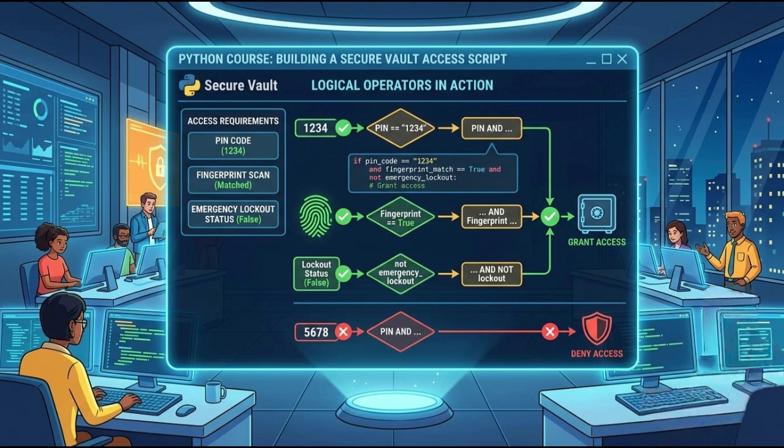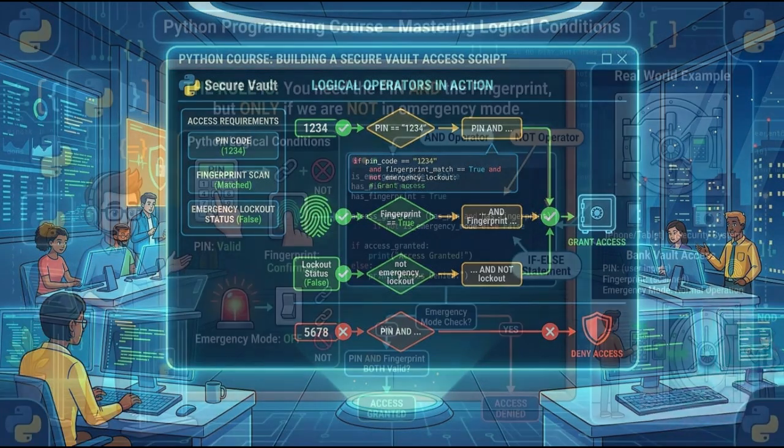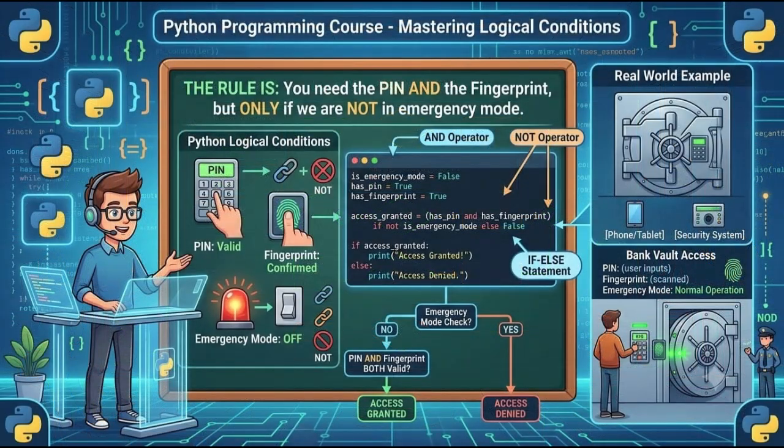Time to build. We are going to create a secure Vault script that uses all three operators to grant access based on a PIN, a fingerprint scan, and an emergency lockout status. First, let's set up our variables: has_pin, has_fingerprint, and is_emergency_mode.